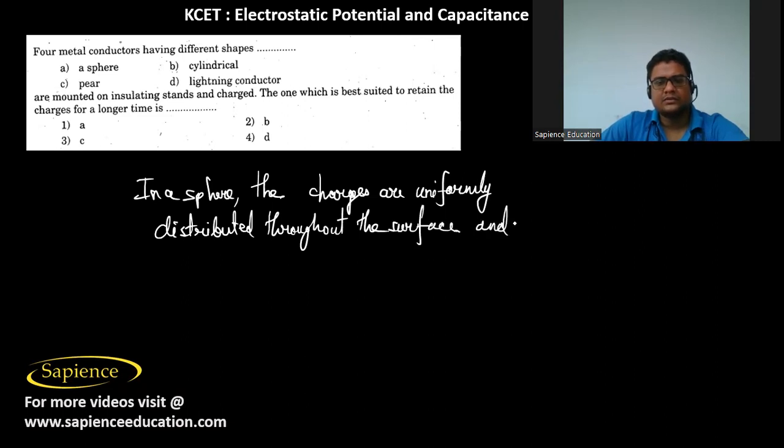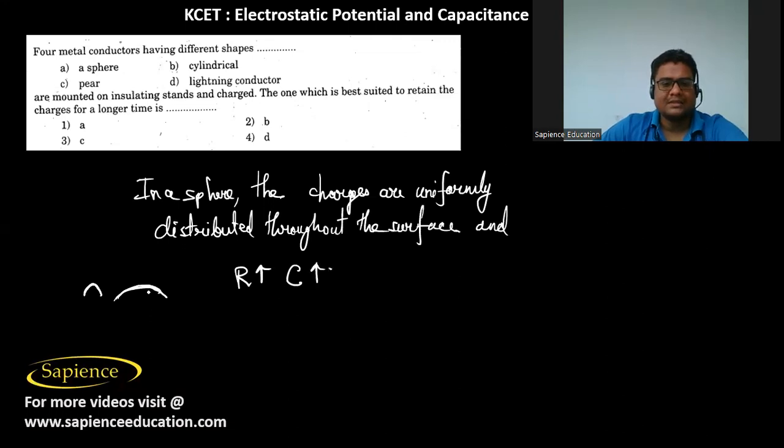And for a non-spherical conductor, in some regions the radius of curvature can be high, and in some regions the radius of curvature can be less. When the radius of curvature is large, the capacitance is also large.